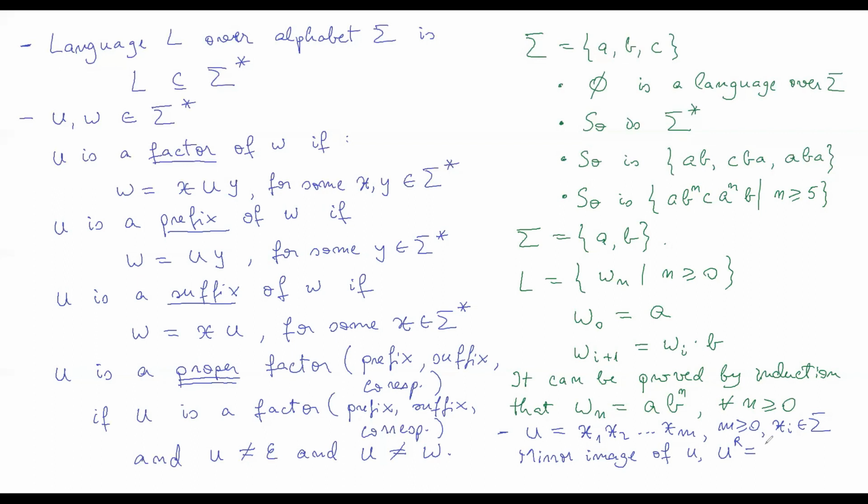So it's just the same letters but written right to left. So we start with letter xm and you end up with letters x2, x1.